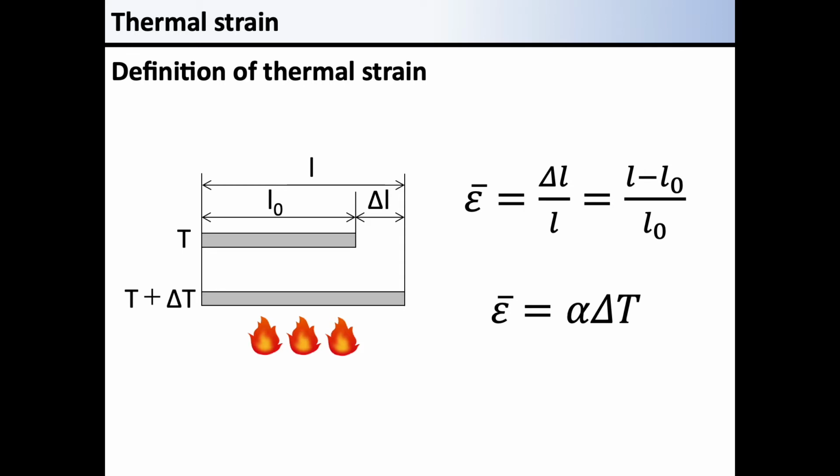This equation does not say that the strain is proportional to temperature, but proportional to the temperature change relative to the reference temperature. So, delta T is the amount of change. The equation defines the thermal strain as a product of a change in temperature and a coefficient.